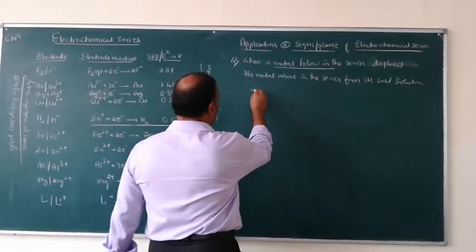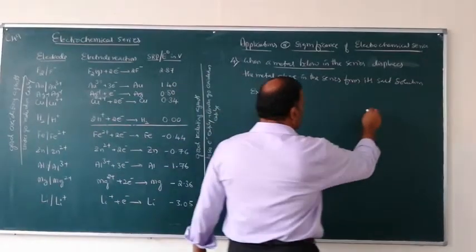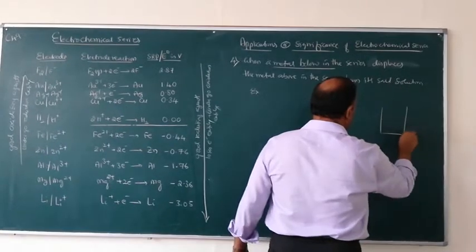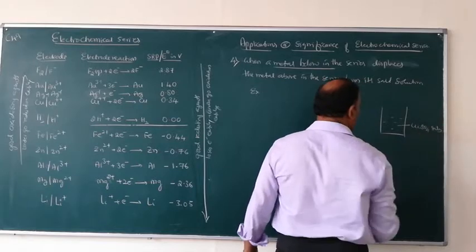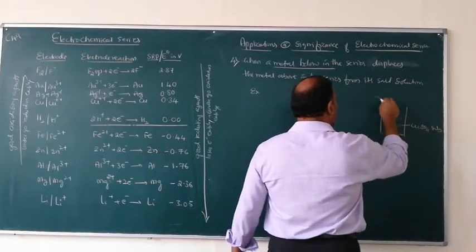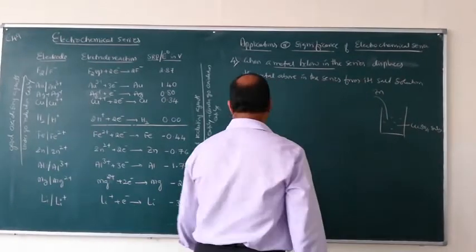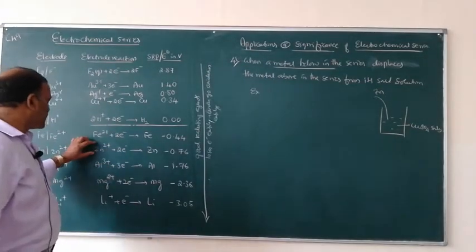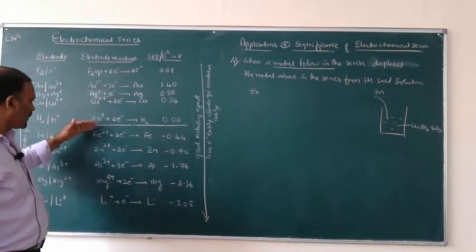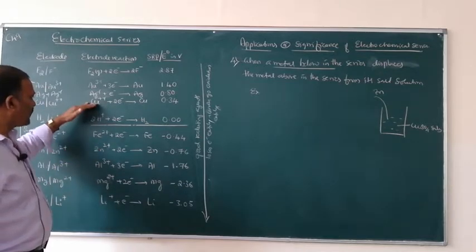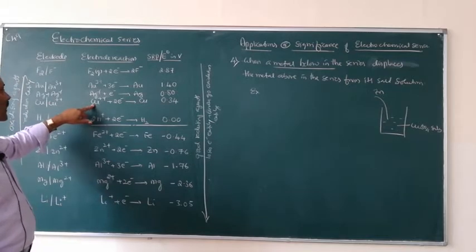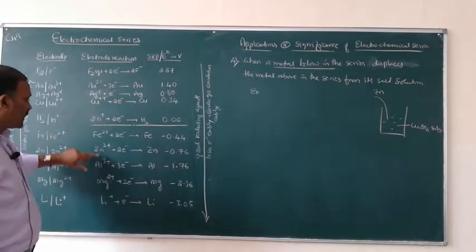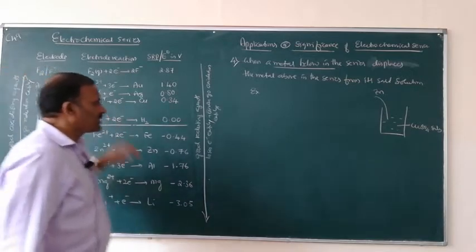Say for example, suppose this is copper sulfate solution, CuSO4 solution. So when zinc metal is added into this solution, observe, zinc is the metal below in the series and copper is the metal which is present above in the series. When the lower metal is added into the solution of higher metal, this metal displaces this metal.